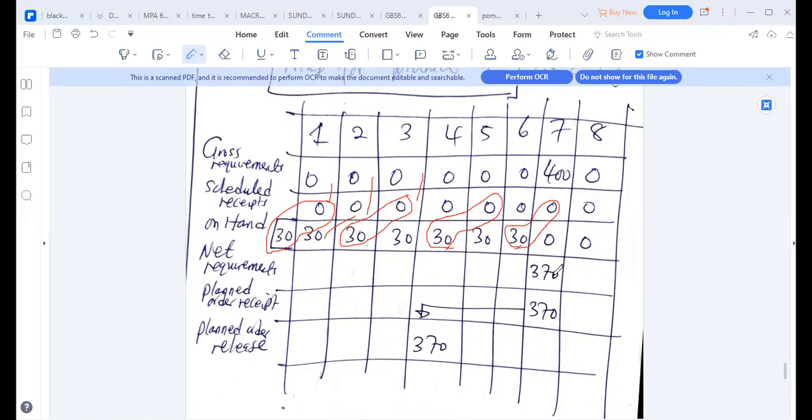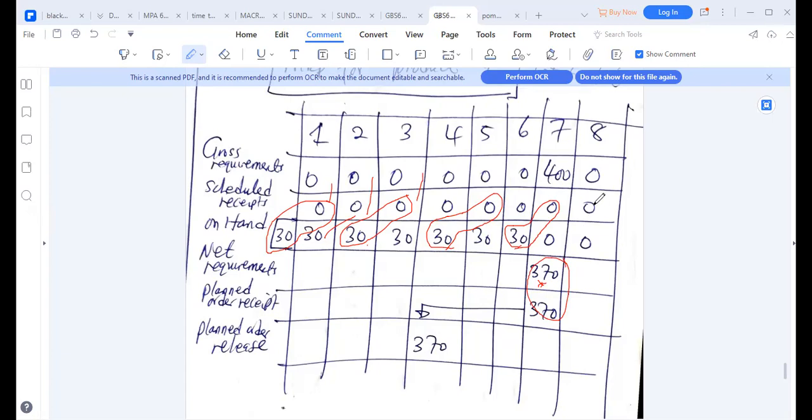So on this aspect, the net requirement is 370 because we have only 30 and the demand is 400. When you have the net requirement of 370, you order the same 370 and you sort out the problem. That's lot for lot. You order the requirement, so we are going to have 0 there.